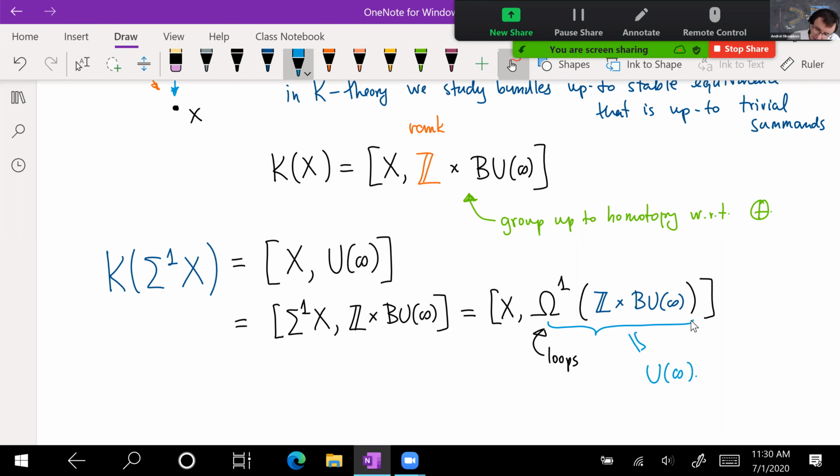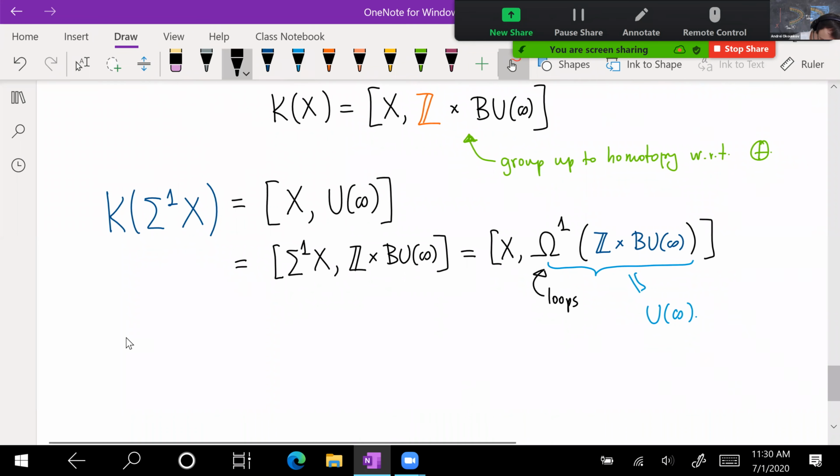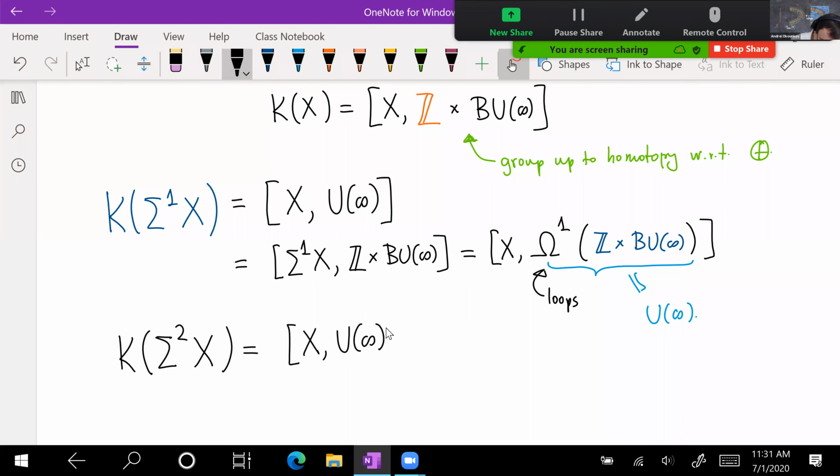But now Bott tells us, so this theorem we just proved tells us that the K-theory of the twofold suspension is just again X going to U. And so this object is looped, but that is loops in your original thing.